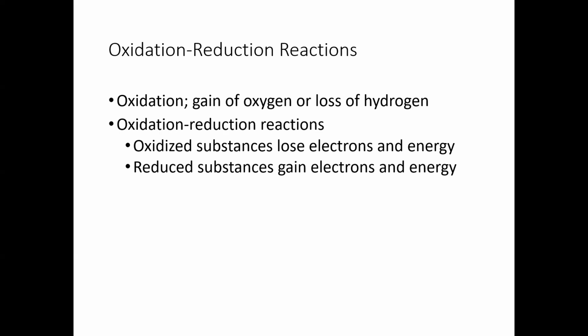So when something gets reduced, it's going to gain hydrogens and electrons. The substance that gets reduced is usually oxygen. Only a chemist would say that when something gains electrons, it gets reduced. But that's neither here nor there. The point is that we don't have oxidation unless something can grab those electrons coming off.